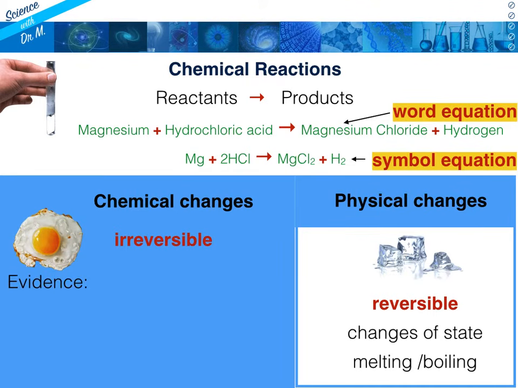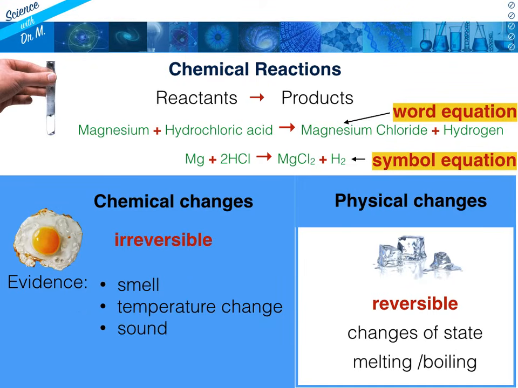Now, when chemical changes happen, there is always evidence, and you need to be really familiar with the different types of evidence that you are looking for to see if a chemical change has taken place. Now, these are things like smell, temperature change. You can often get a lot of heat given out, or you can get heat taken in. You can get a drop in temperature when a chemical reaction happens.